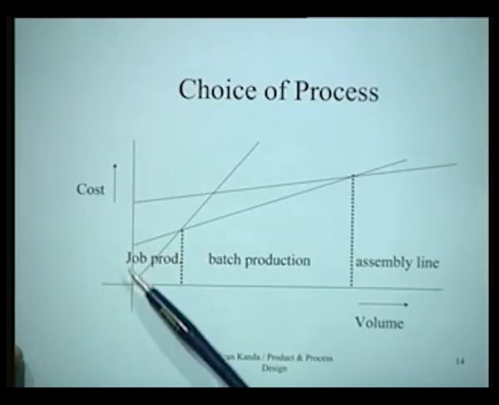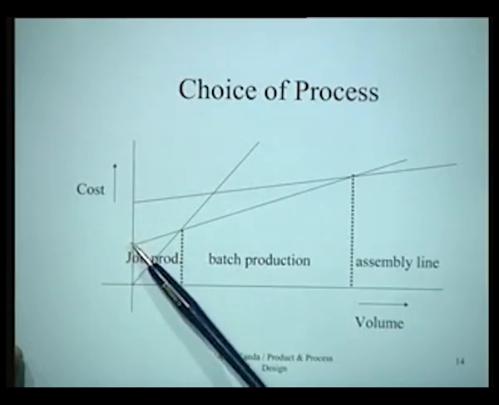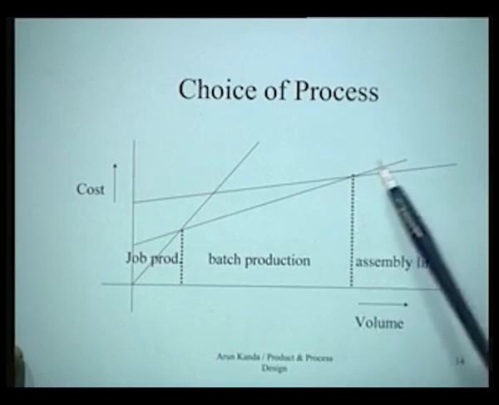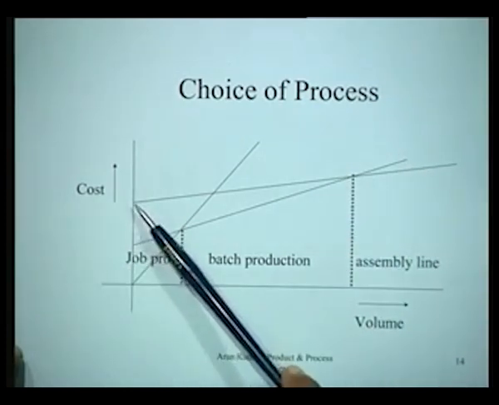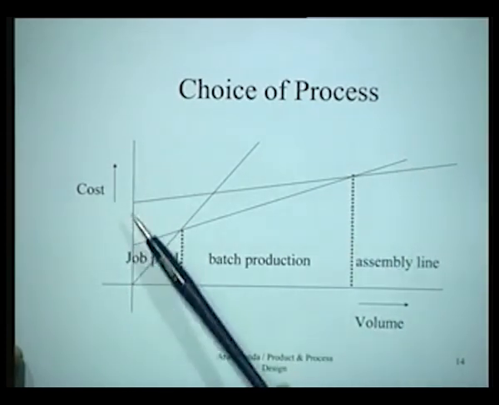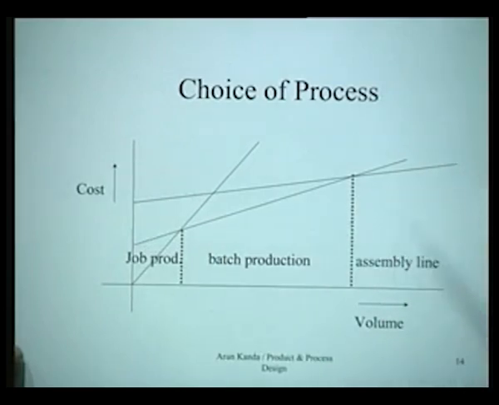For batch production you might have to set up a small facility and the unit variable cost will come down, or you might set up an assembly line at a much higher cost, which is the fixed cost, and then you have a situation like this. So this diagram simply shows that the job production, batch production and the assembly line would obviously be relevant only in certain ranges of production volume depending upon the break-even points, and therefore it is an important economic decision to determine which process you have to take.